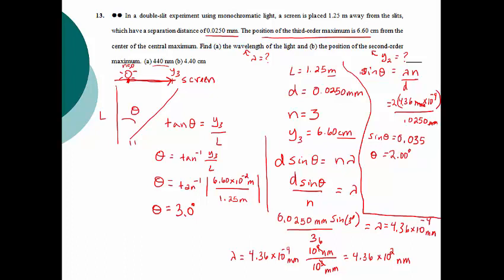And then I know that the tangent of theta is equal to y divided by L. So the tangent of 2 degrees times L, and L hasn't changed, is going to give me y2. So I have the tangent of 2 degrees times 1.25, and that gives me y2 in meters.